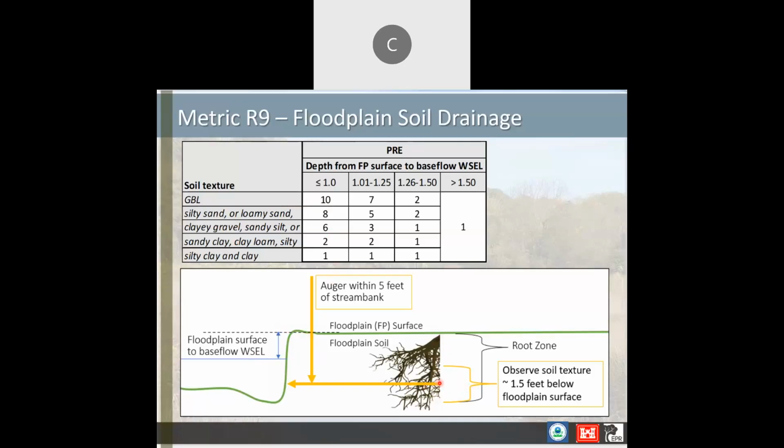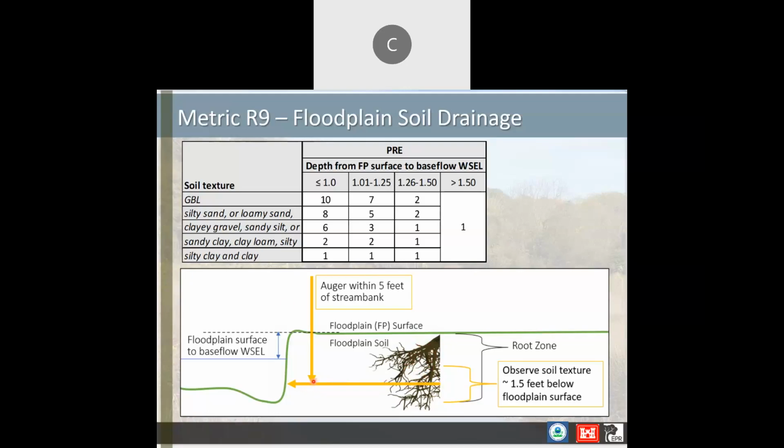And the 1.5 feet, it seems like a magic number. I promise I didn't make it up, but it's based on typical rooting depths. So how much of your root mass? Usually somewhere between 12 to 24 inches, and we use 18 inches as an average, is where the primary rooting depth of your floodplain vegetation is growing. So we're looking about 1.5 feet below the floodplain surface, and you're going to determine the soil texture.